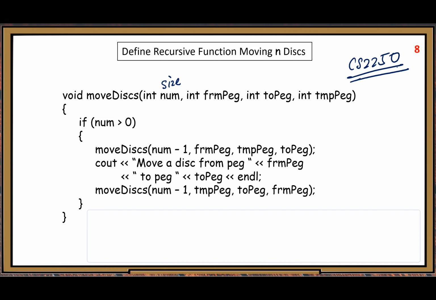You finish that message. But after that, you need to move the n minus 1 disks back to the destination peg.